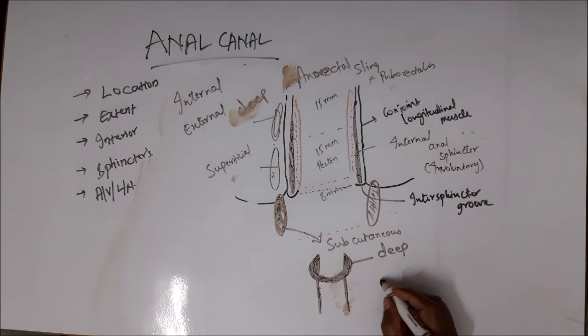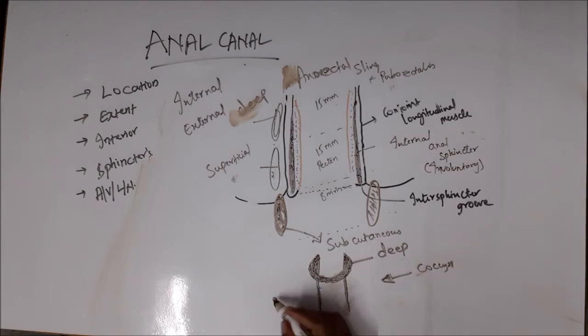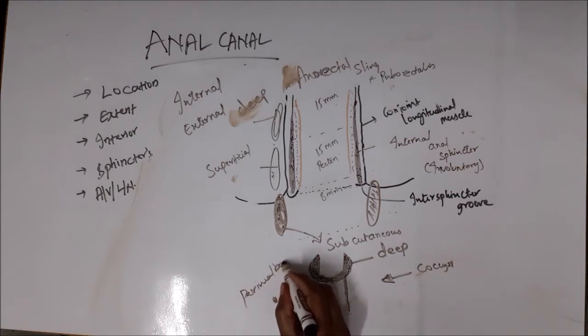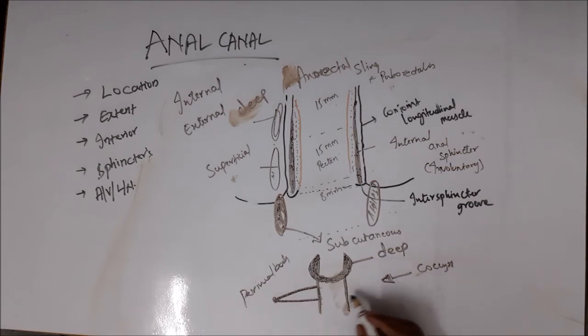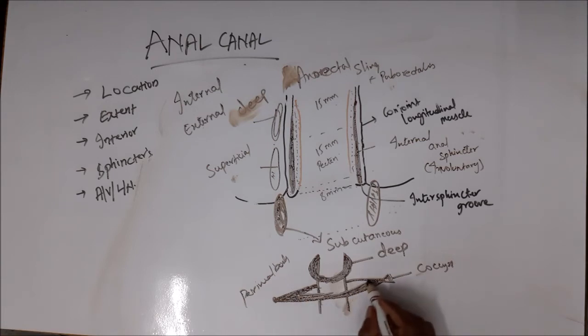Then next muscle, this is coccyx, anteriorly perineal body. So having attachment to these two, the fibers are arising from this coccyx and anococcygeal raphe, and they are surrounding the anal canal, and it's attaching to the perineal body.